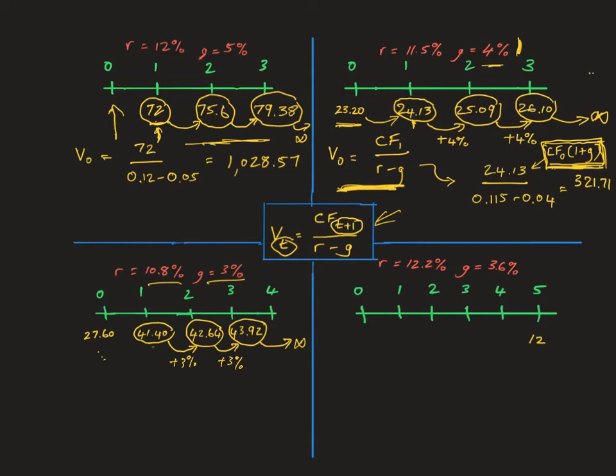We have a little problem though, or do we? And that little problem, that inconvenience, is what about this plus 50% growth over here?